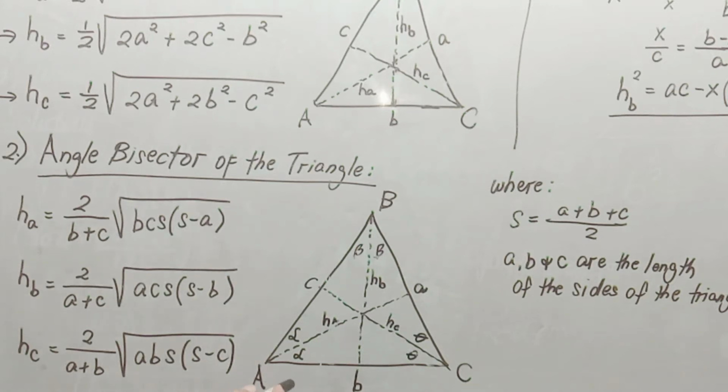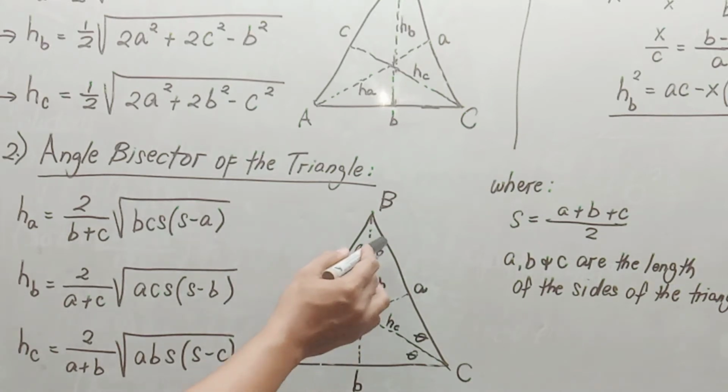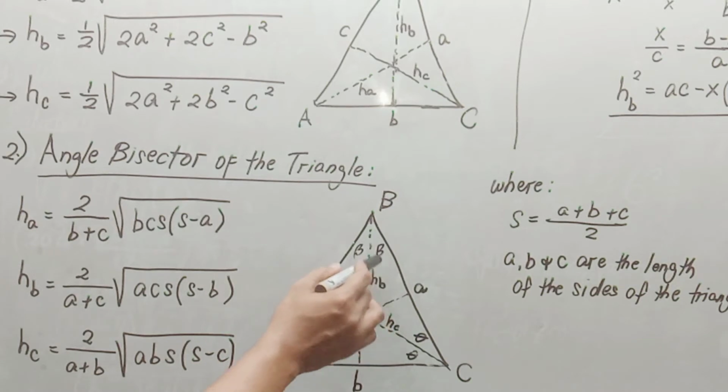So this is h sub b, the bisector of angle b, beta.